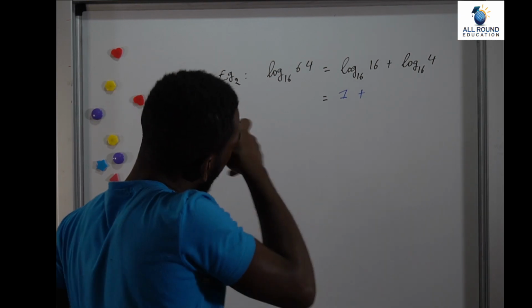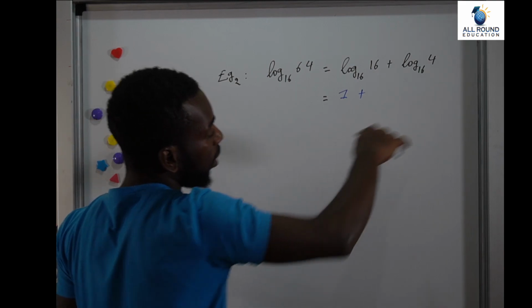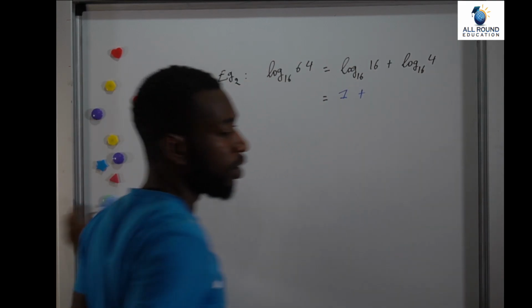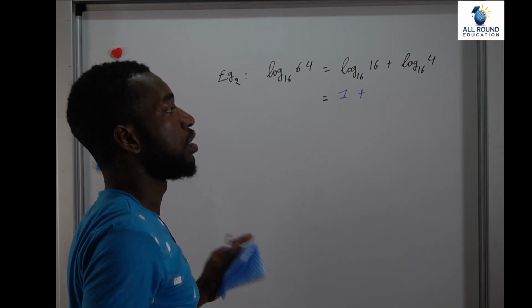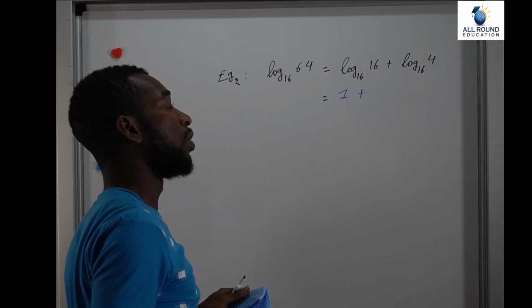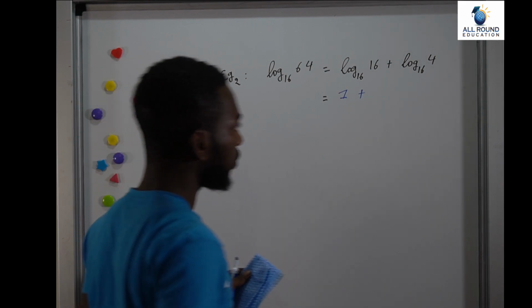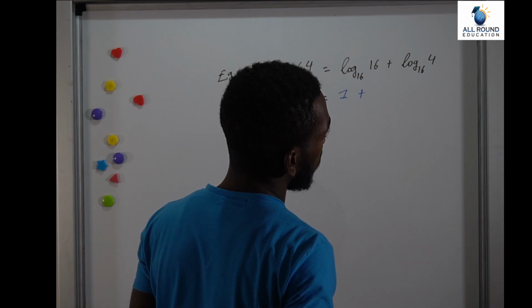Now there are a few ways that you could do it. We know that these two numbers are related somehow, because we know that 4 squared is 16, and we know that the square root of 16 is 4.